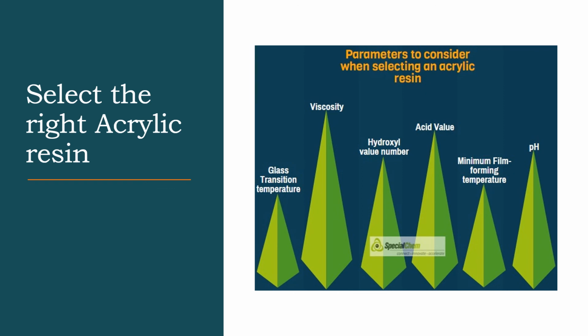So generally we have to maintain a specific pH for your formulation, like 7.5 to 8.5. By a pH meter we can check the pH of formulations. So these are the parameters we have to know before selecting our resin for our formulations.